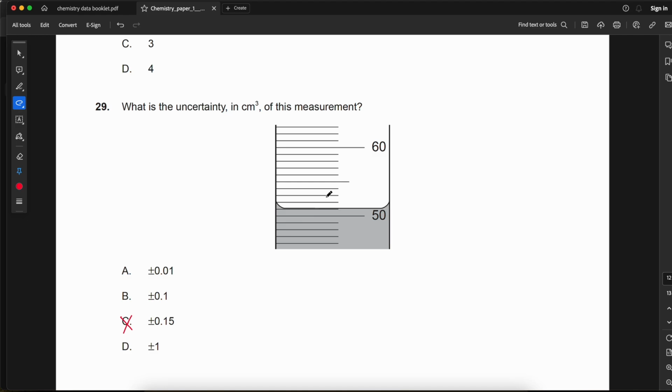So that would be half of 1 centimeter cube, which is plus or minus 0.5 centimeter cube. That is coming from my perception. And based on the report as well, that would be 0.5 centimeter cube. So C is not the answer based on my point of view.